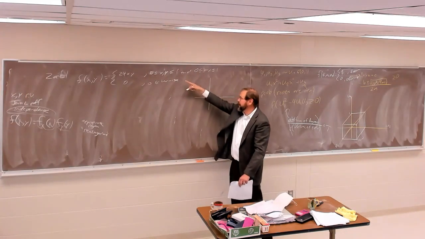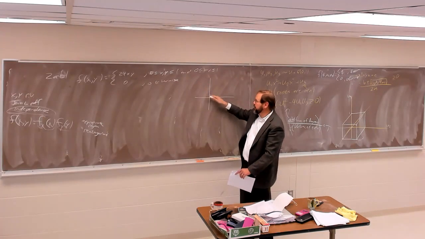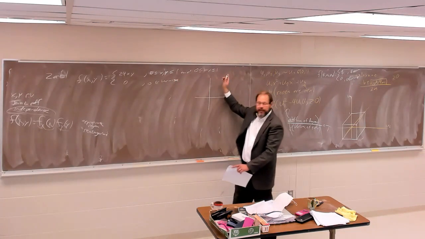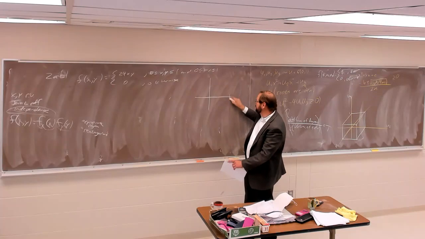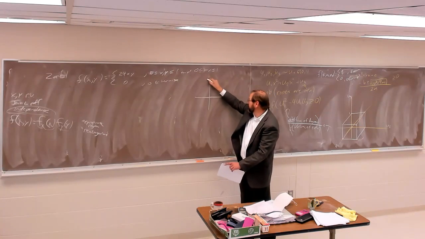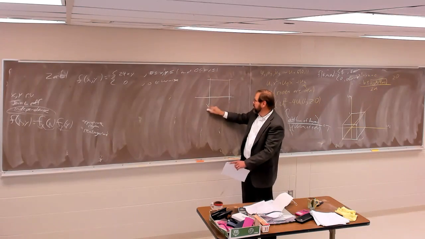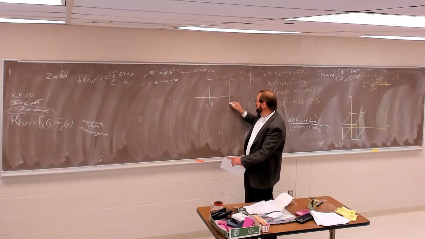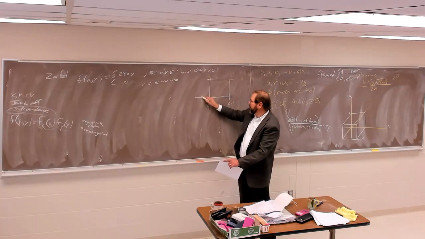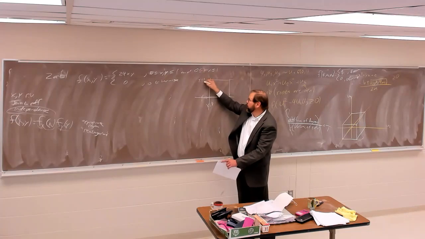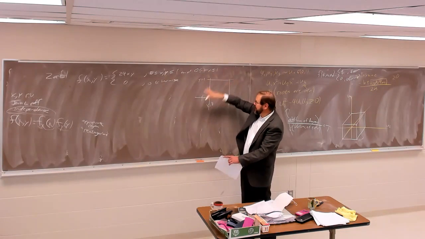And so what we're interested in, we always need to think about the region, we're interested in x and y between 0 and 1, so that would give me a square here, right? X equal to 0, x equal to 1, y equal to 0, y equal to 1, and then x plus y is less than 1.